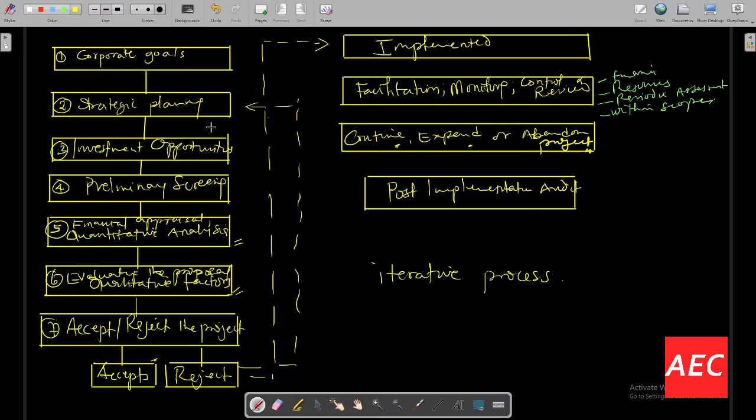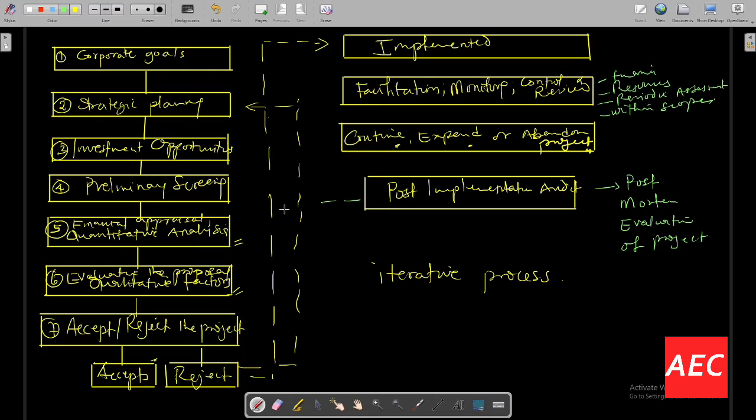So it is basically a post-mortem evaluation of projects. Now this post-mortem will provide useful feedback to project appraisal or strategic formulation, and it will guide the implementation of other and alternative projects, because experiences gained from one project can be transferred to another project.